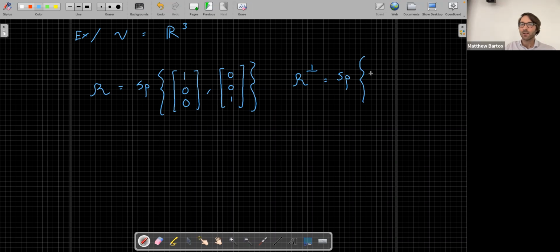So first of all, how many basis vectors do we need? One. We need one basis element to complete our basis for R3. And what will our basis be for the orthogonal complement of R? What vector completes the basis for R3? 0, 1, 0. So our orthogonal complement is the span of 0, 1, 0, right?